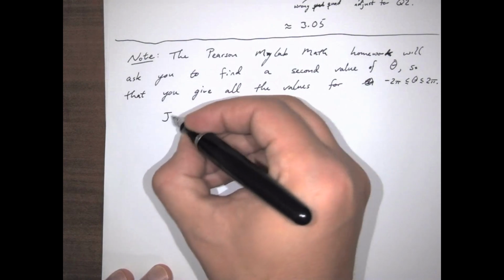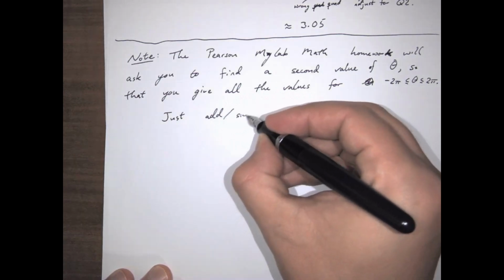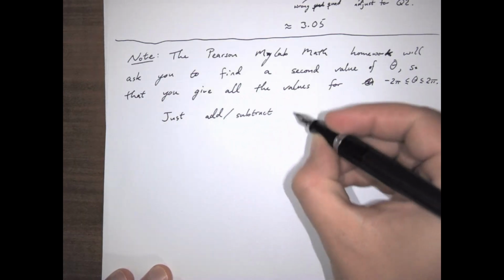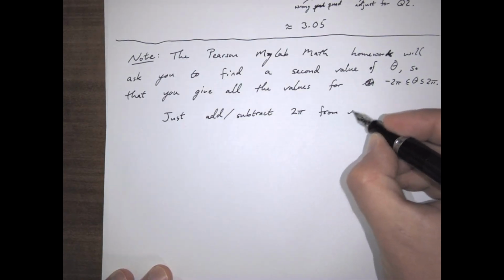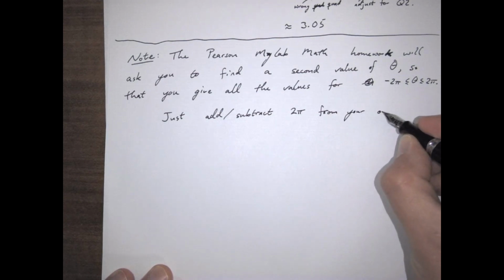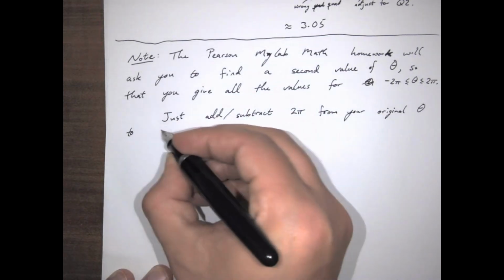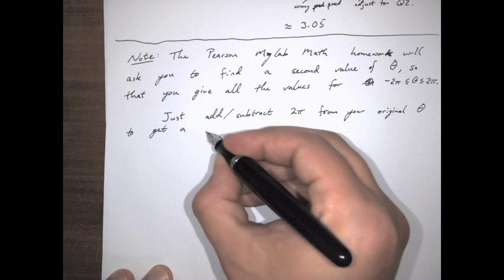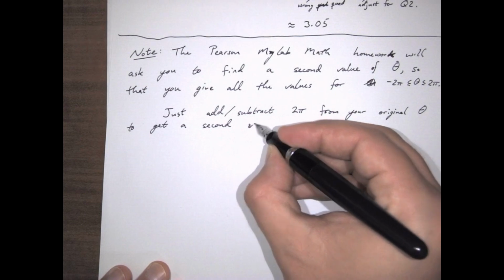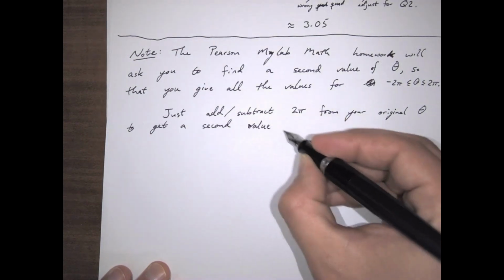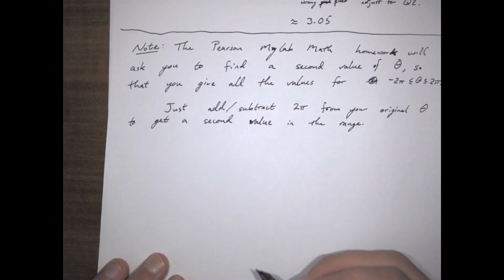So just add or subtract 2 pi from your original theta to get a second value in the range.